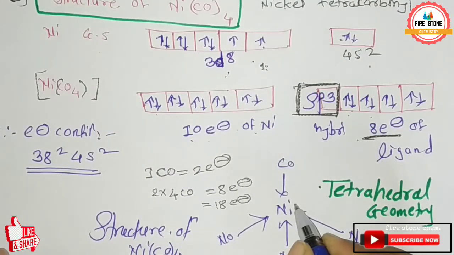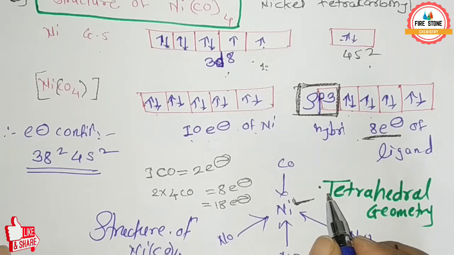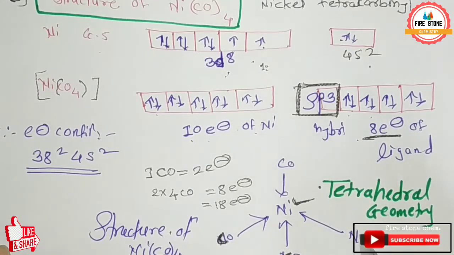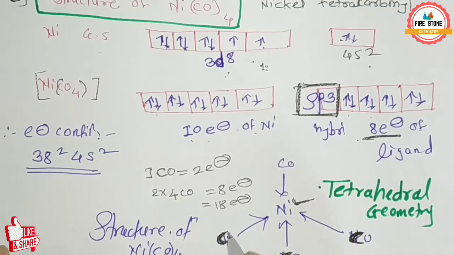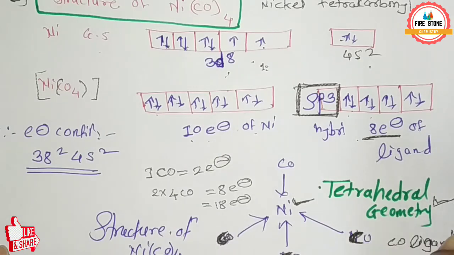The central metal ion is nickel, which has electronic configuration 3d8 4s2, that is 10 electrons, and here we see nickel coordinately bonded with 4 ligands, that is 4 CO ligands. So the overall geometry of the compound is tetrahedral.